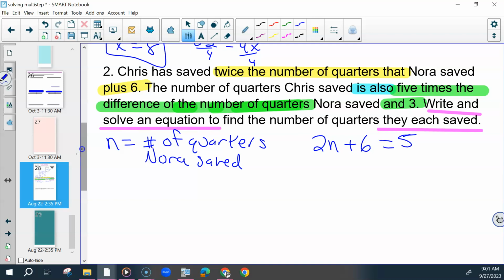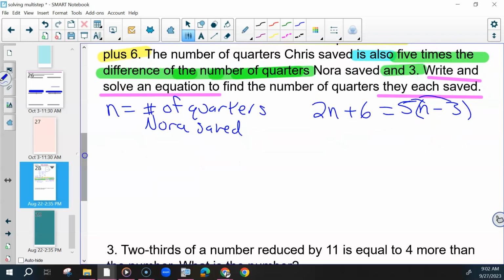Say that last part one more time. So, not divided by differences, what operation? Subtraction. But also, since 5 is being multiplied to the difference, we need parentheses. So we have our equation, now we can solve.